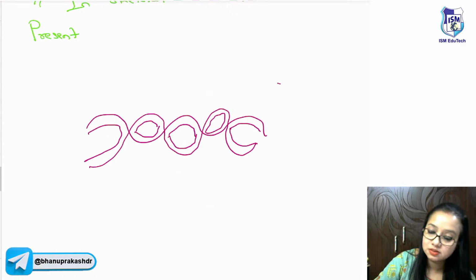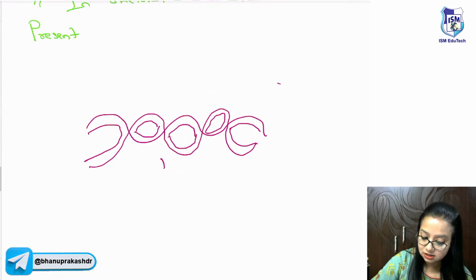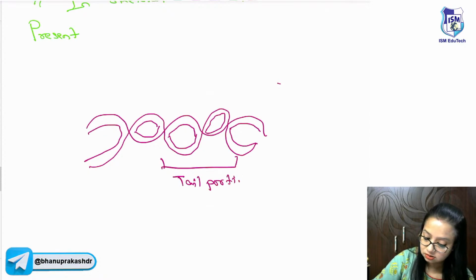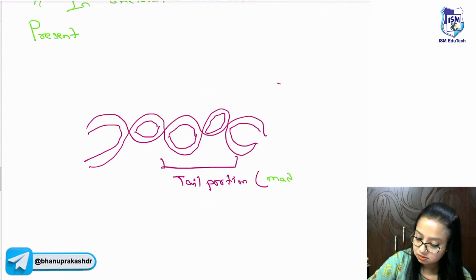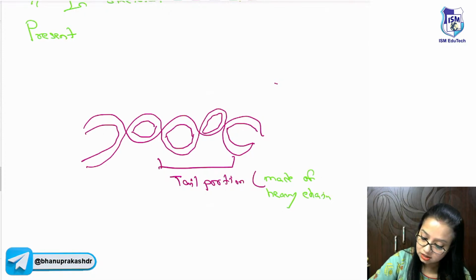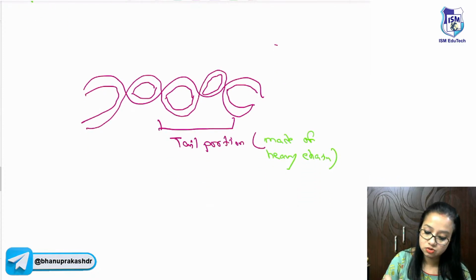Now, this is called the heavy chain. This tail portion is made of heavy chain, and it is helical in structure.